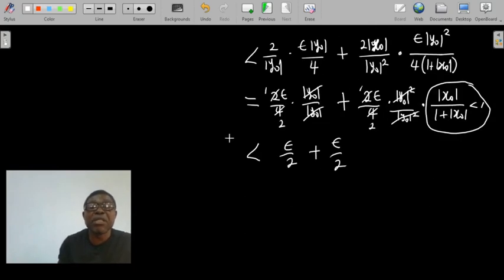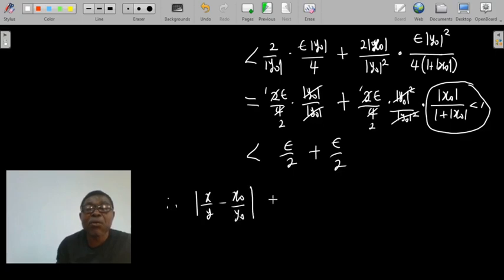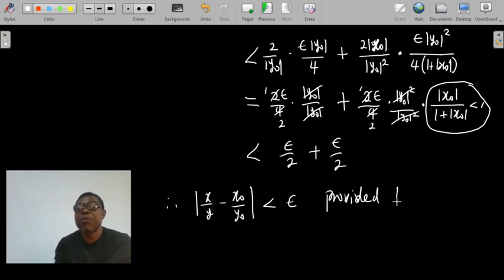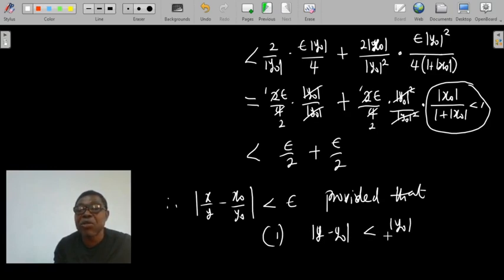So what this means, therefore, is that absolute value of x over y minus x naught over y naught will be less than epsilon over 2 plus epsilon over 2 is epsilon, provided that 1, absolute value of y minus y naught is less than absolute value of y naught over 2.